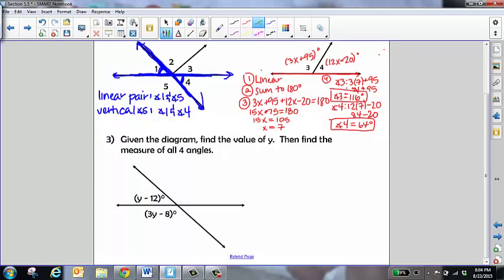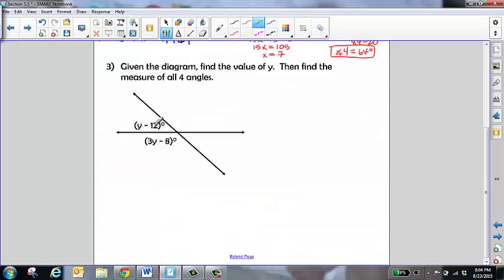All right, so it says given the diagram, find the value of y, then find the measure of all 4 angles. So now here, even though this diagram has 2 intersecting lines, so we might think that we're looking for vertical angles here, if you look at the 2 expressions, they're not located across from each other. They're located right next to each other.